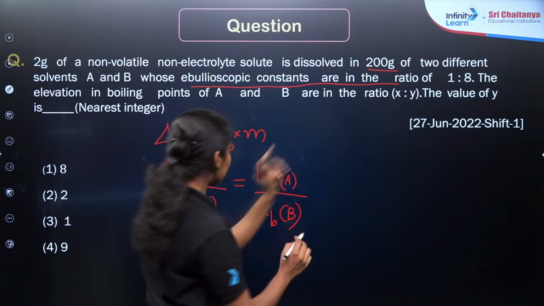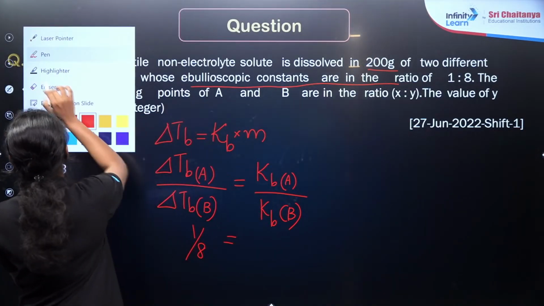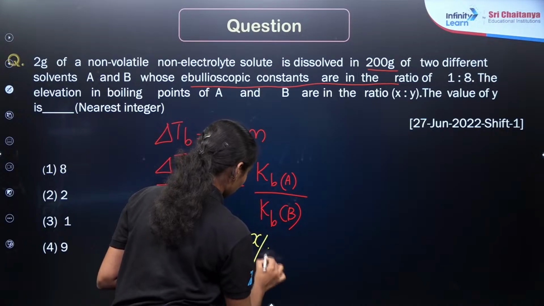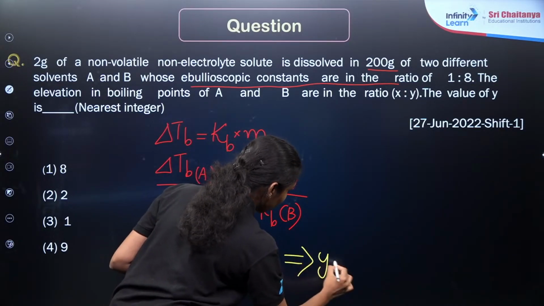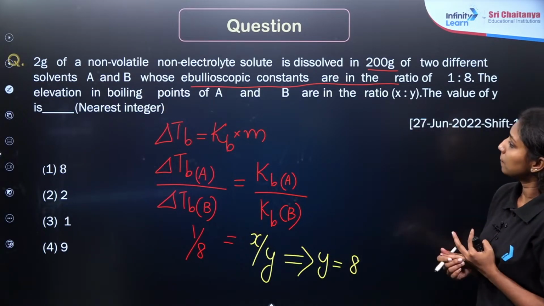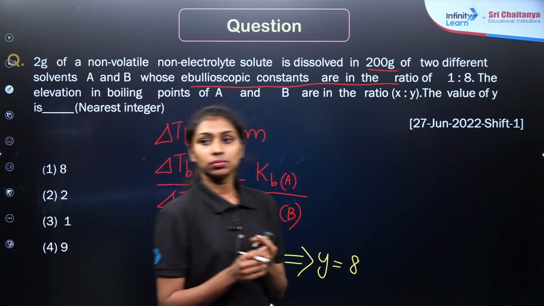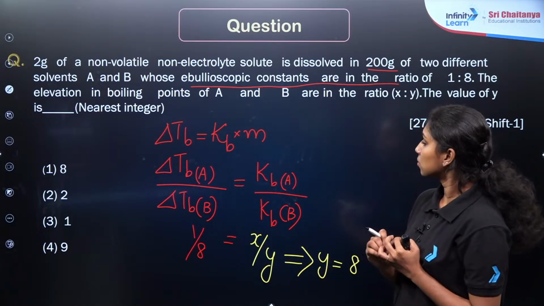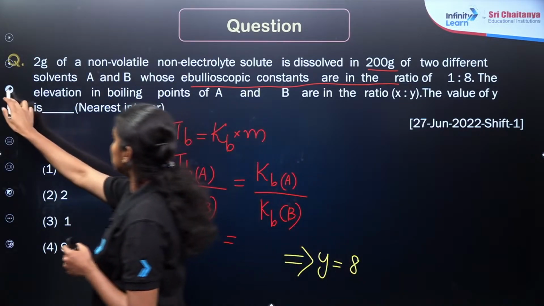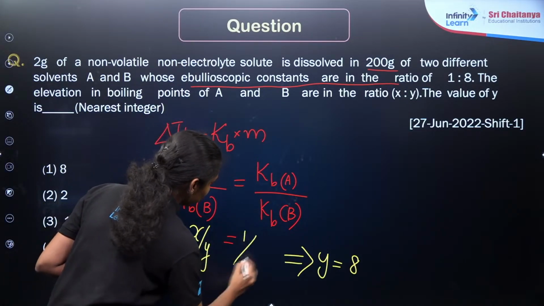It should be equal to x is to y, so x by y is equal to 1/8, which gives y equal to 8.